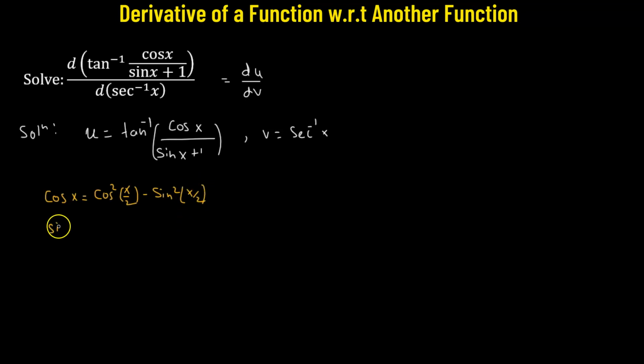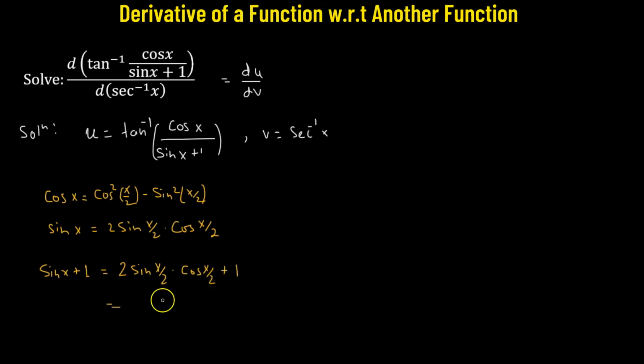Similarly, the half angle formula for sine x gives us 2 times sine of x over 2 times cosine of x over 2. Now, if we consider the numerator, 1 plus sine x, that will be equal to 2 times sine of x over 2 times cosine of x over 2 plus 1.